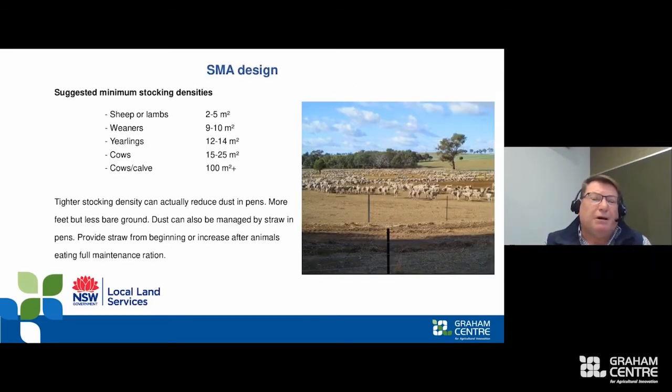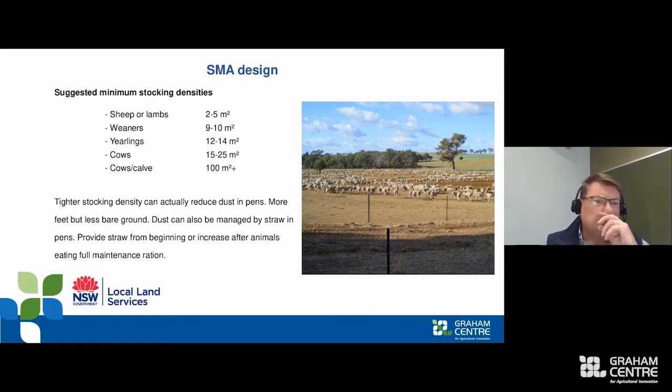But SMA design, well, suggested minimum stocking densities, and this is what I was saying before about size: for sheep or lambs, you're looking at between 2 to 5 square metres per head. For weaner cattle, 9 to 10 metres, yearlings 12 to 14, cows 15 to 25, and for cows and calves 100 plus metres.